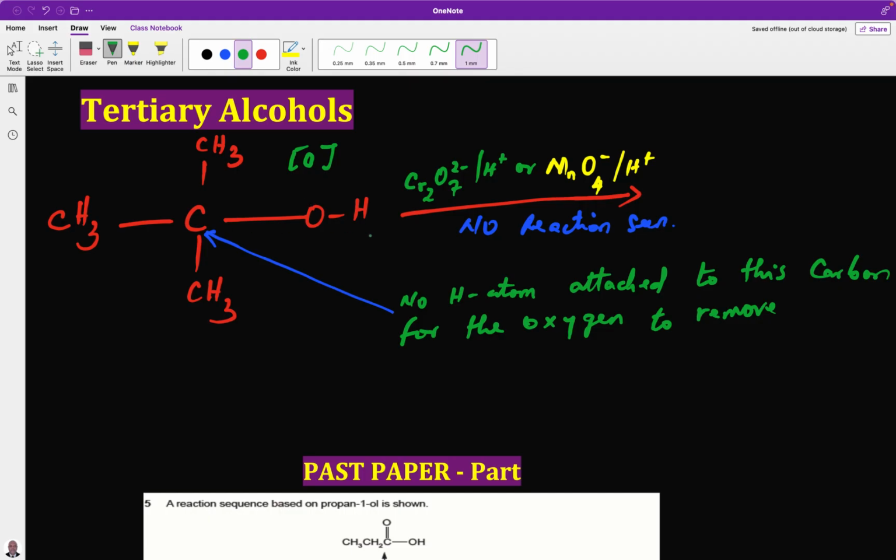There will be no reaction because there is no hydrogen attached to this carbon for oxygen to remove. No reaction will occur here.